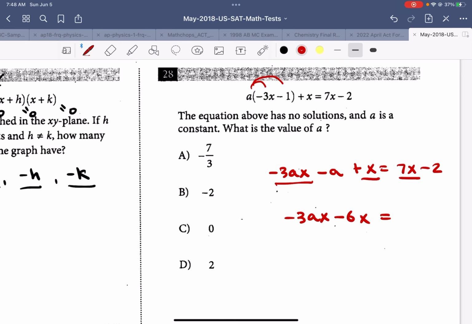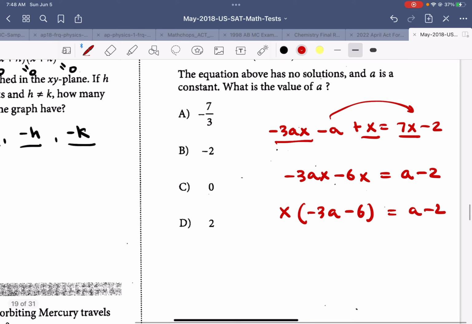And then a minus 2. When you move to the other side, a will be positive a and minus 2. So let's factor out x. Negative 3a minus 6, a minus 2. So when you divide, you can isolate x: a minus 2 over negative 3a minus 6.